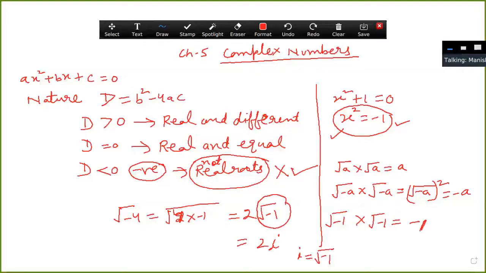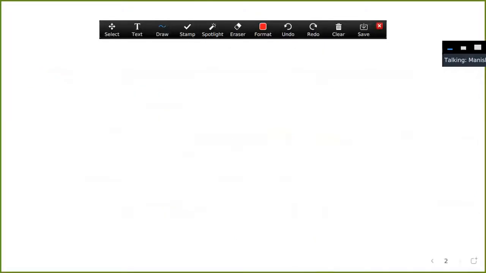Suppose you are getting a solution of the equation x equal to minus 2 plus minus root of 4 into minus 1 upon 2.